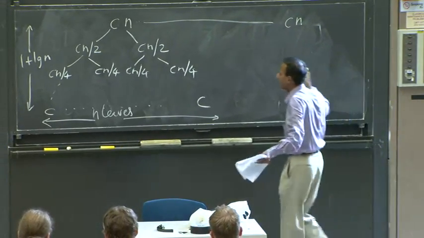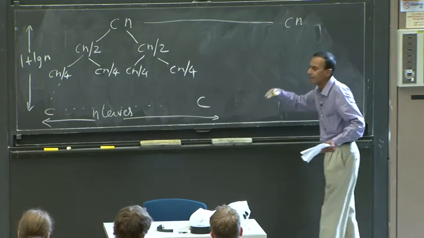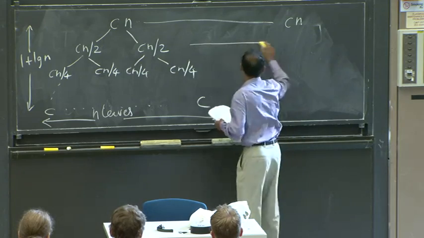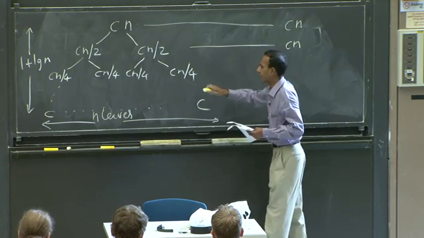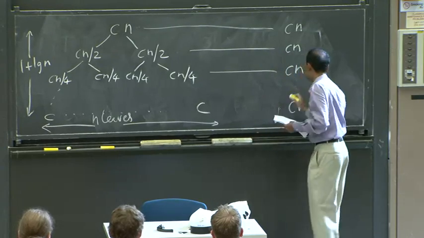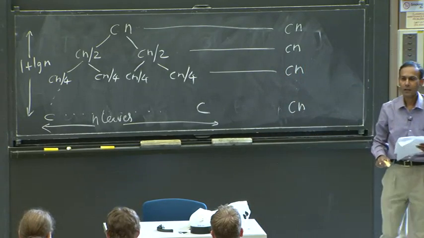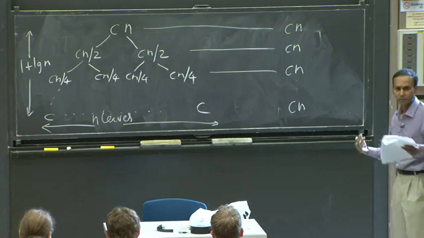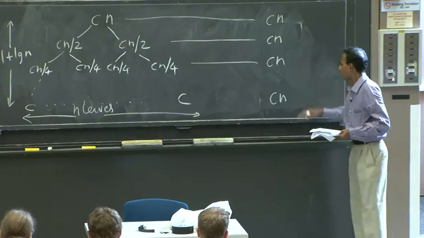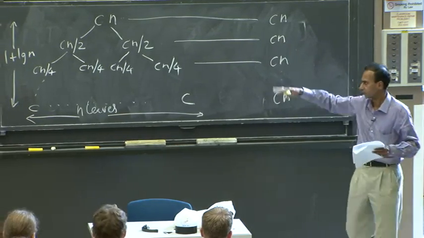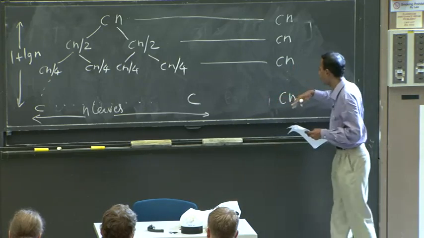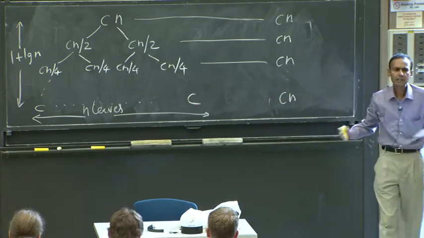So you add up the work in each of the levels of this tree. The top level is Cn. The second level is Cn, because I added half and half. Cn. Cn. Wow. What symmetry. So you're doing the same amount of work, modulo the constant factors with the C1, which we've ignored, but roughly the same amount of work in each of the levels.